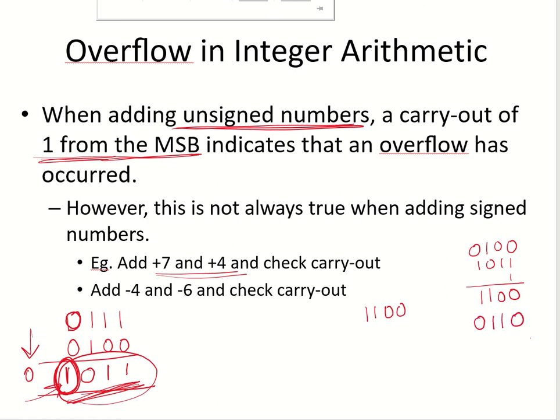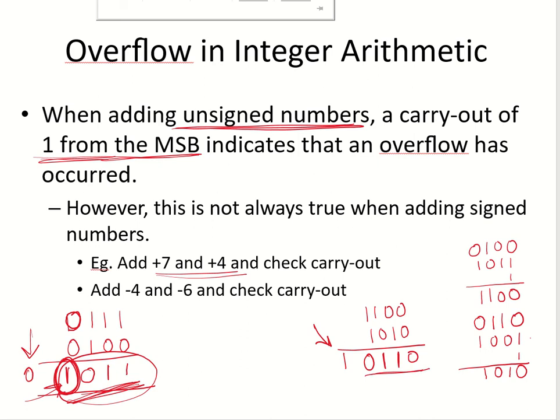This is plus 6. Invert it, add 1. This is minus 6. I'm going to add them up. Here the carry is 1 and the answer is a positive answer, which is incorrect.